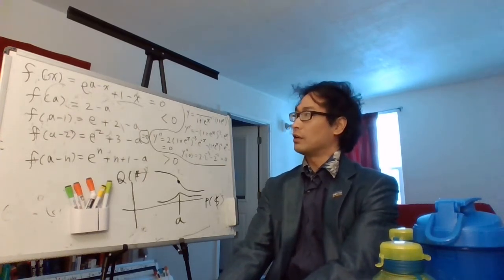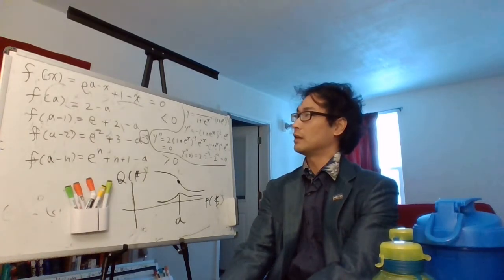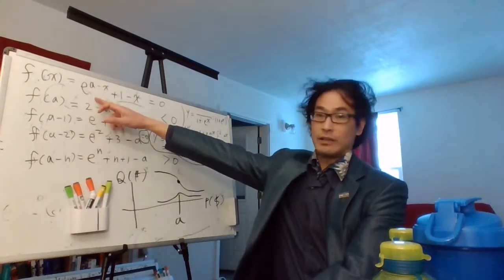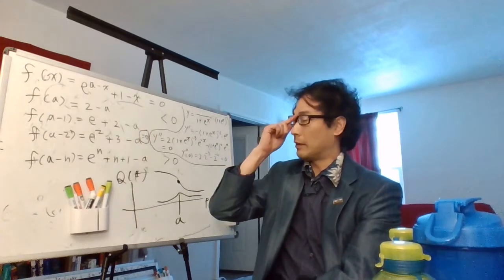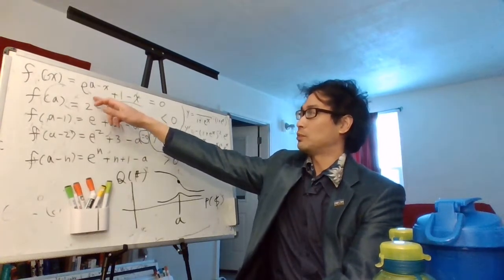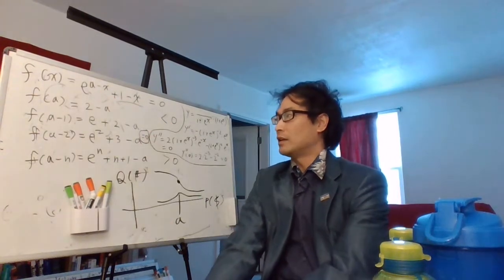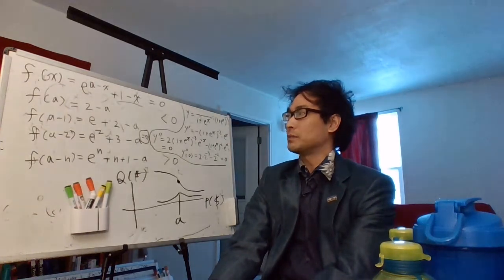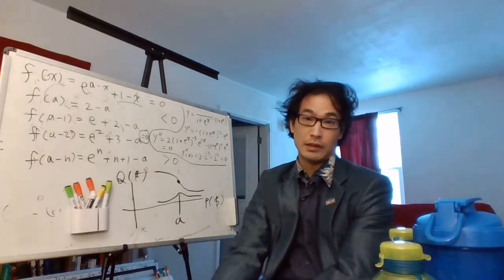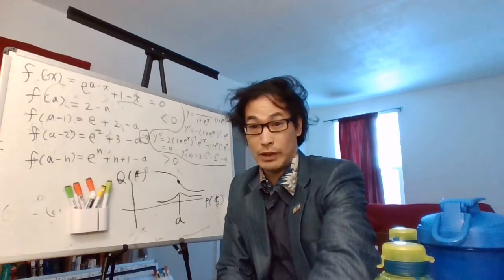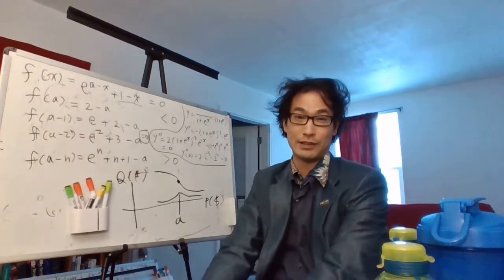Later on, in my spare time, I realized that e to the minus x, whatever, the exponential function, can be approximated with polynomials, right? Taylor series, Taylor expansion.